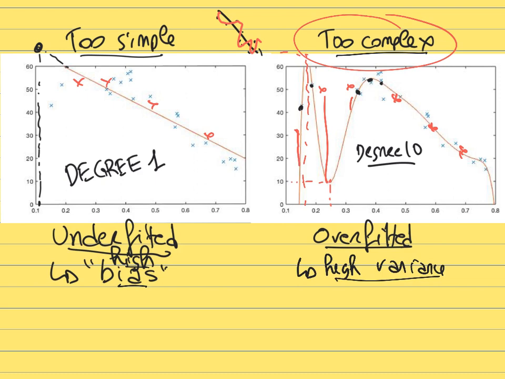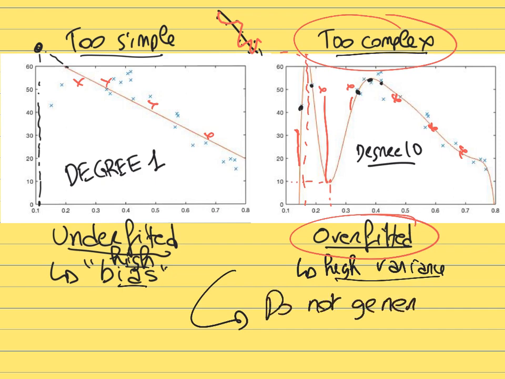So it's these types of models that are overfitted. The way we refer to those models is that we say they do not generalize well. It means that those models cannot predict future data.